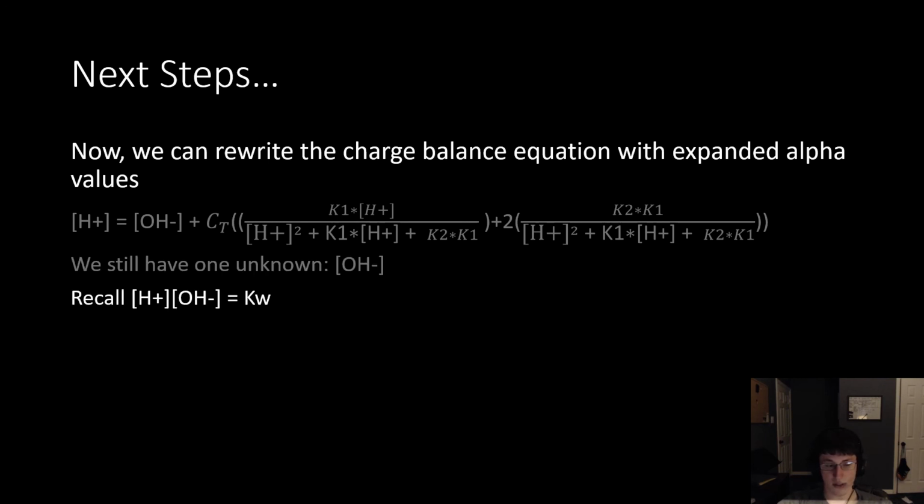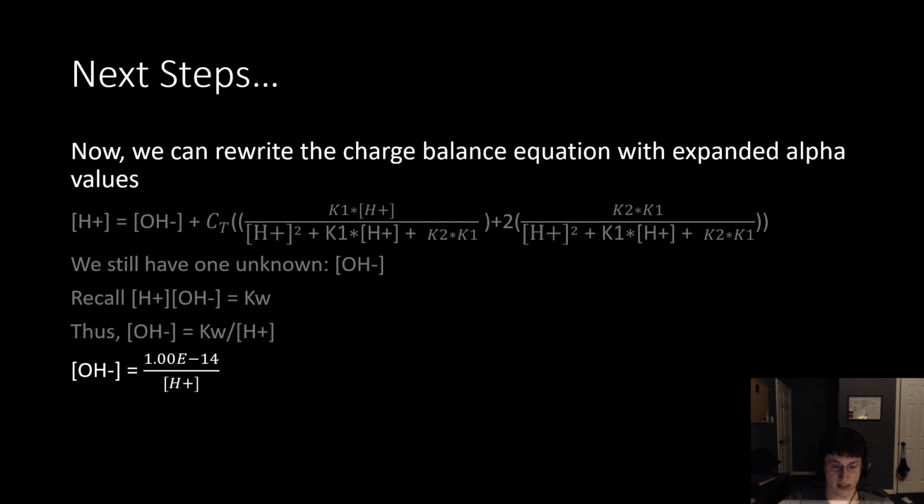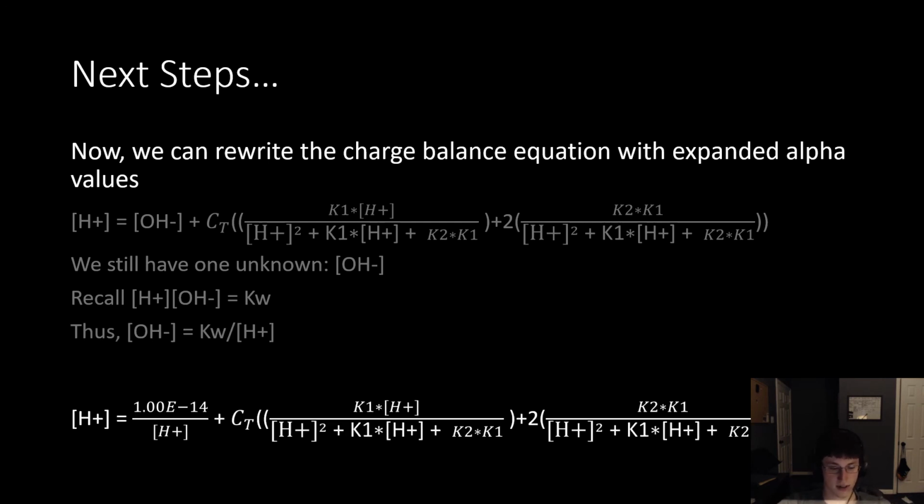In order to do this, we'll recall that the ionization constant of water follows the equation: the hydronium concentration times the hydroxide concentration equals the ionization constant of water. That means the hydroxide concentration equals Kw divided by the hydronium concentration. At 24 degrees Celsius, Kw equals 1.00 times 10 to the negative 14th.